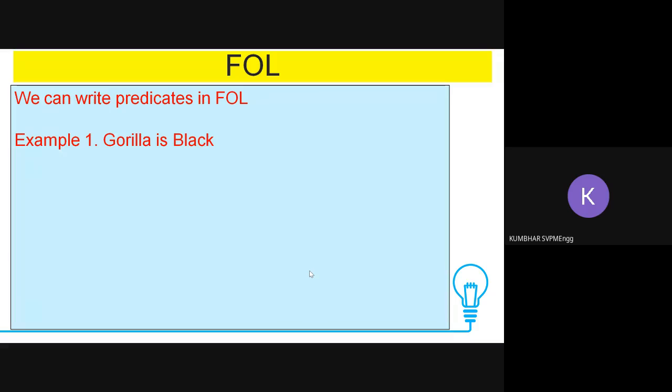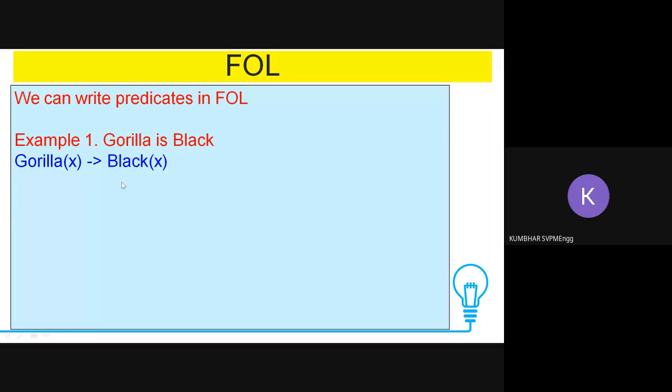I repeat, we cannot express this as a propositional logic statement. That's why we are going to learn FOL. Now, how will FOL express this? Let's check. If X is a gorilla, then X is black.